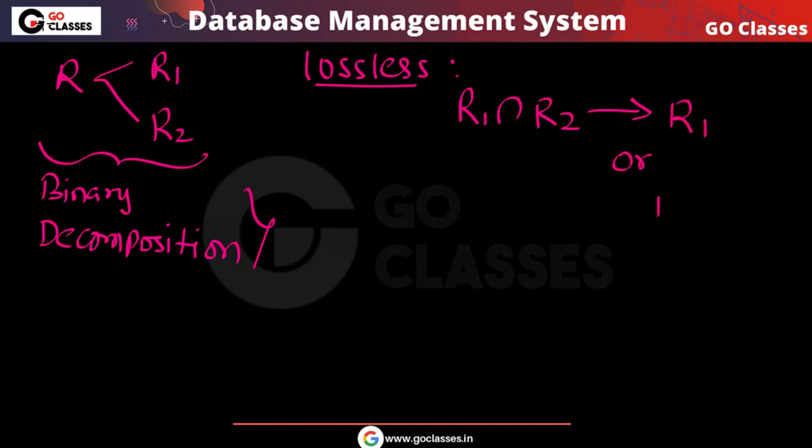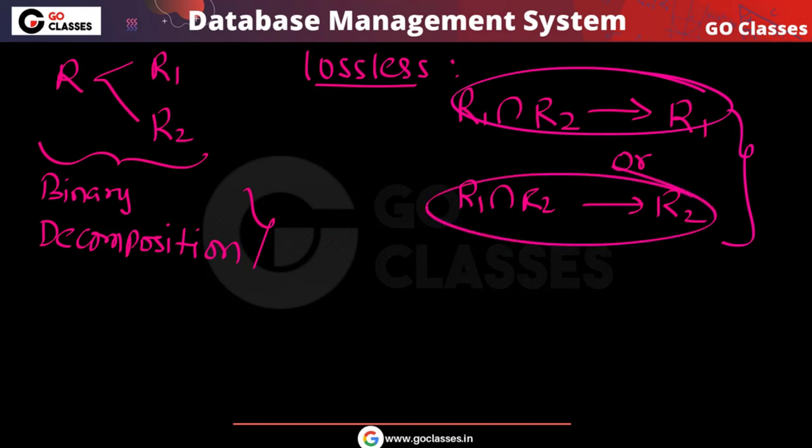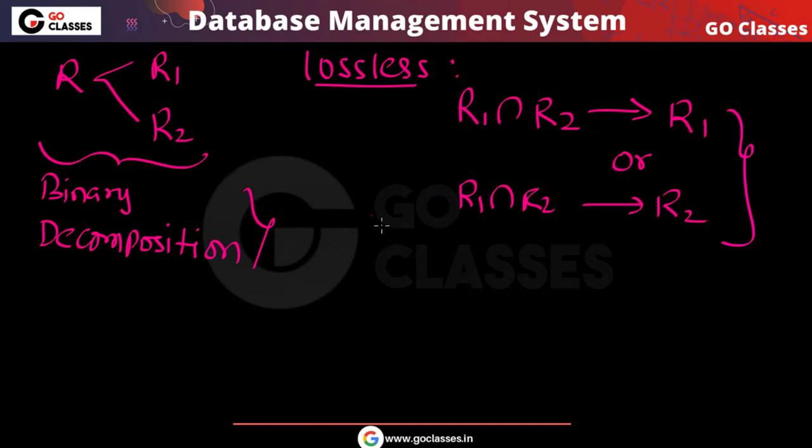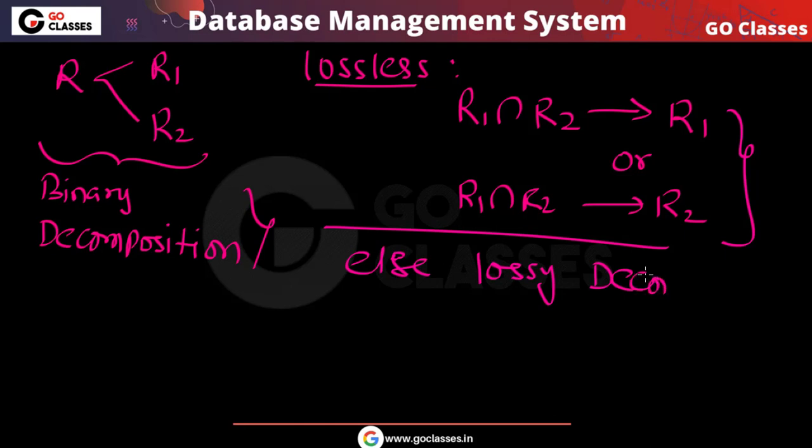If either of these happens, then we say our decomposition is lossless. Else, the decomposition is lossy. So this is the binary decomposition.